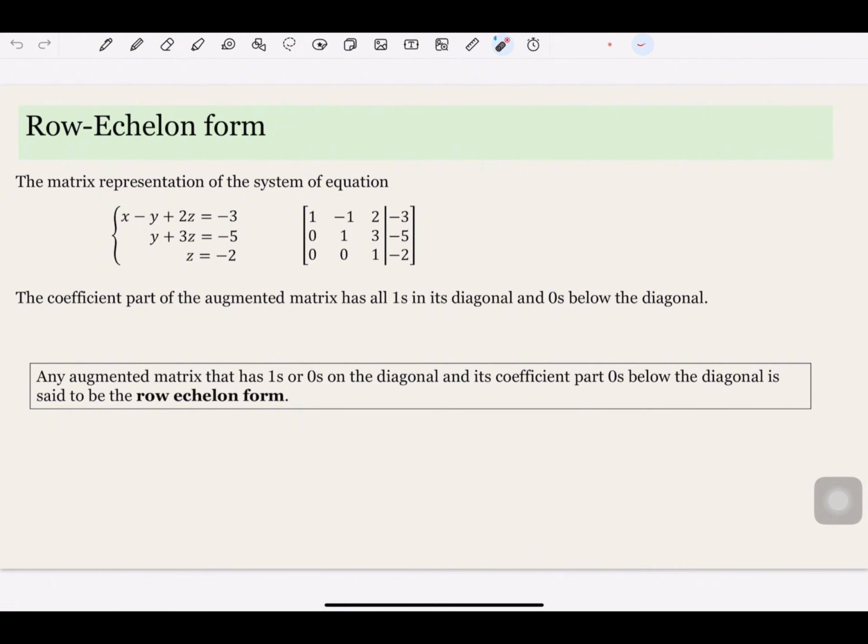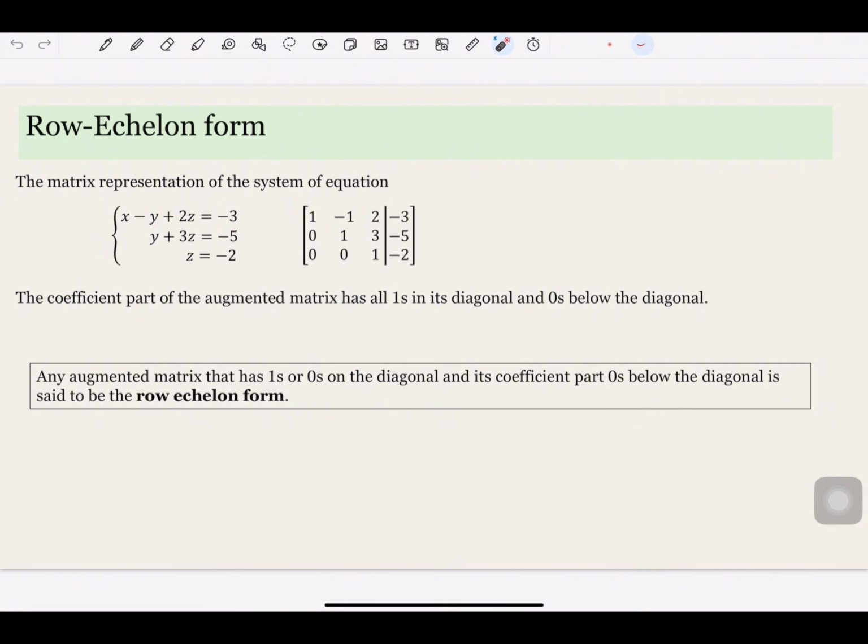Let's take a look at this system. This is the corresponding augmented matrix for this system. As you can see, the x coefficient in the first row is 1, and we don't have any x variable here, so the coefficient is 0. Similarly, over here the x coefficient is also 0. Likewise, I have built my coefficient matrix, and then made it into the augmented matrix by putting in my constants.